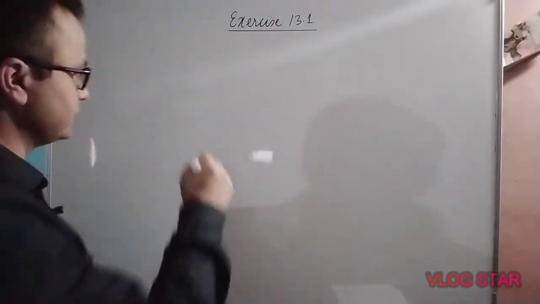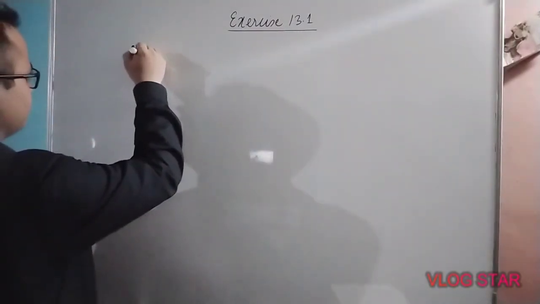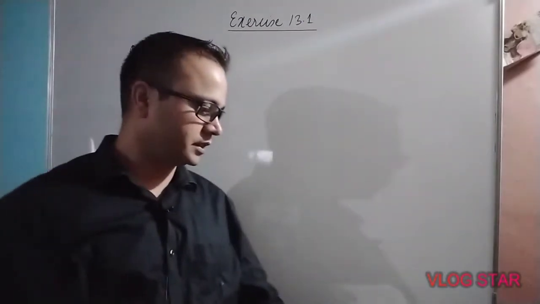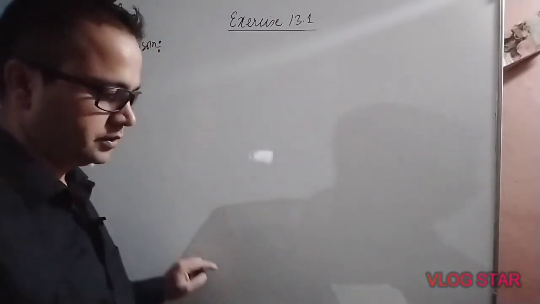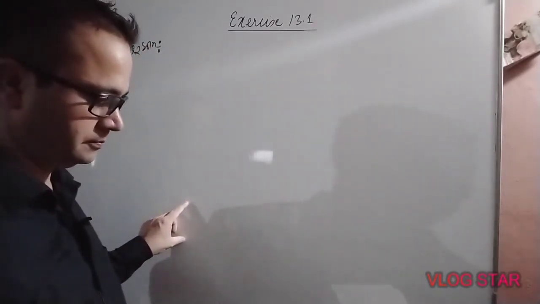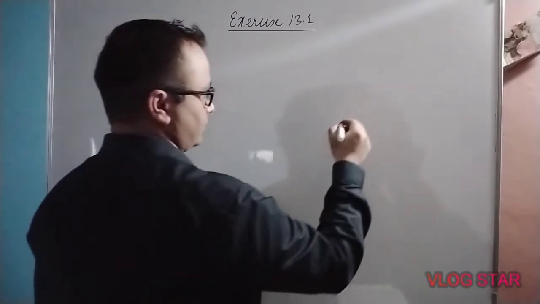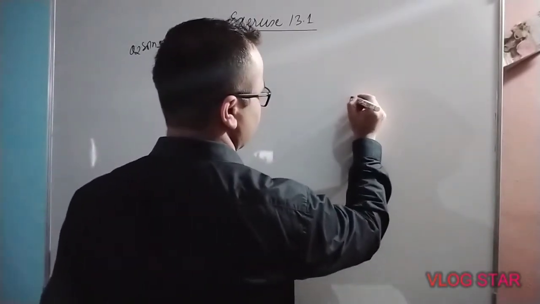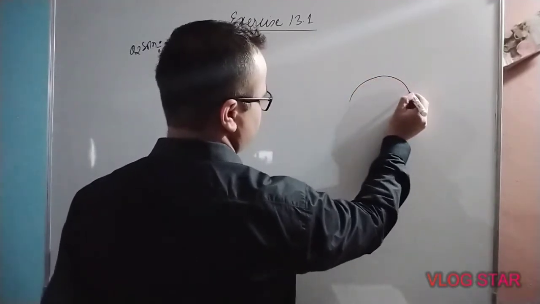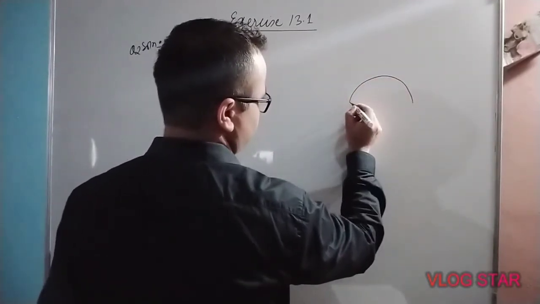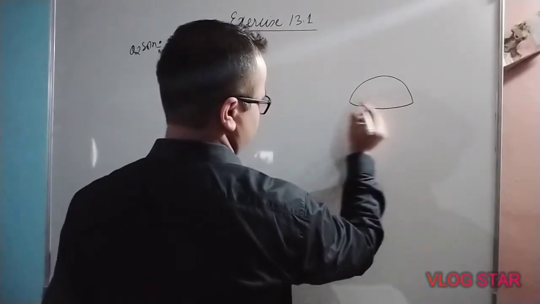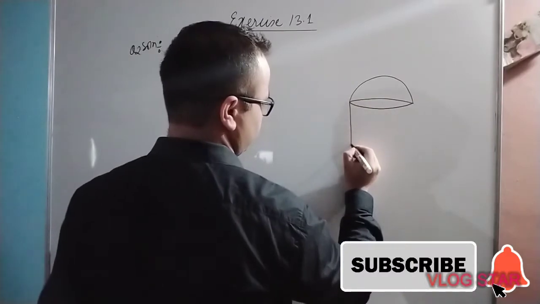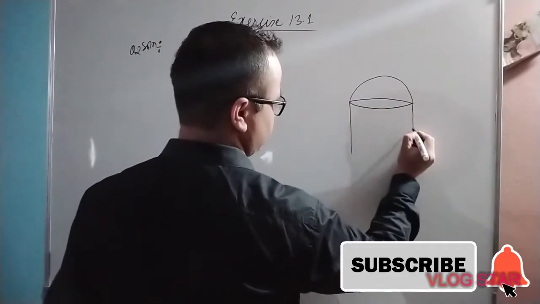Question number 2 solution. The question is: a vessel is in the form of a hollow hemisphere mounted by a hollow cylinder.